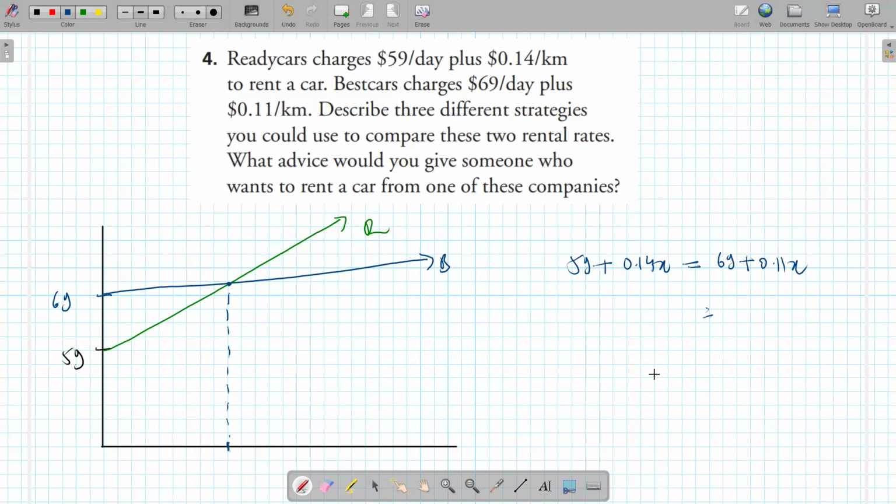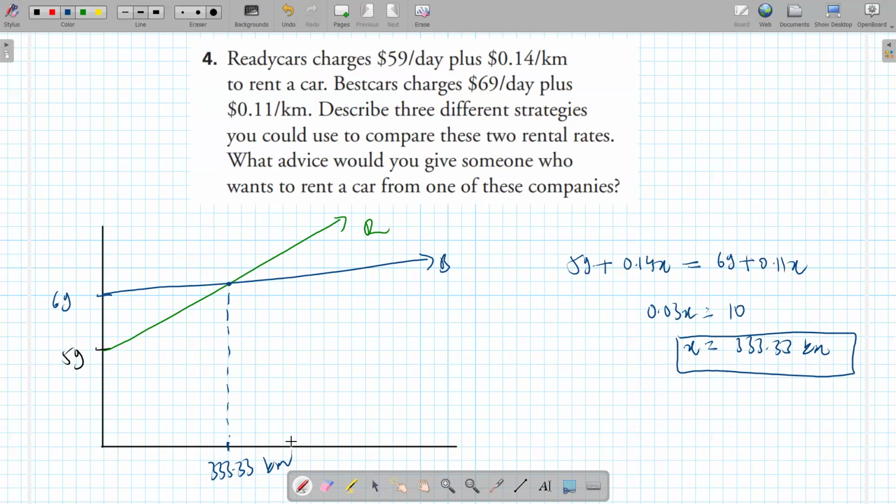You subtract 0.11x and then subtract 59. This is not a nice number, but it doesn't matter. So it's going to be 10 over 0.03, which is like 333 kilometers. So we know this point, 333.33. If you use the car for this many kilometers, it doesn't matter which one you go with because your price will end up becoming the same.